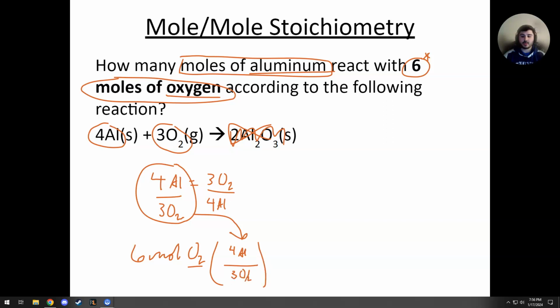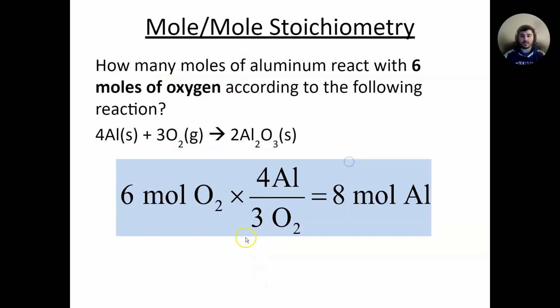Oxygen cancels with oxygen, and we are left with aluminum as our unit, which makes sense because we put a box around aluminum. This is the full thing: 8 moles of aluminum is what we end up with.